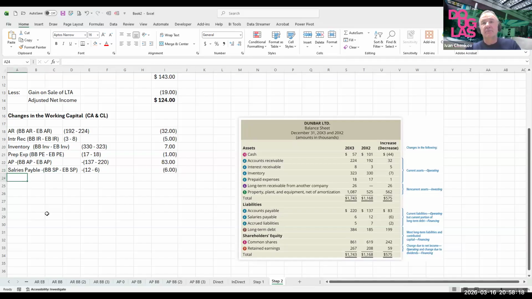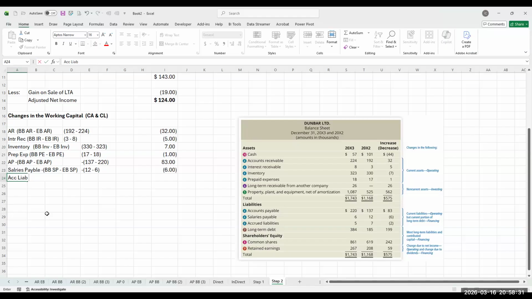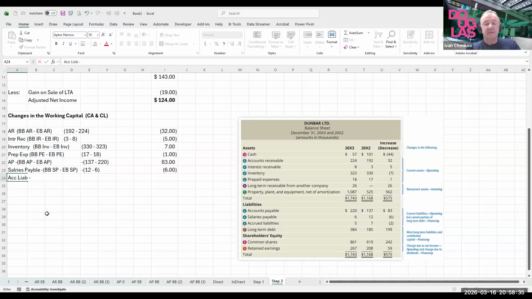Now let's go with the last item, which is the accrued liability. Is that a current asset? You said it's a current asset? No, it's actually a current liability. Oh, okay. It's a current liability. So let's go with it again. Beginning balance of the current liability, accrued liability, minus the ending balance of the accrued liability.